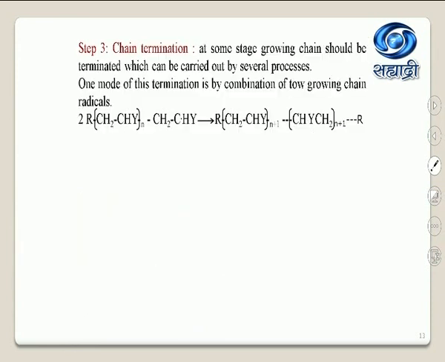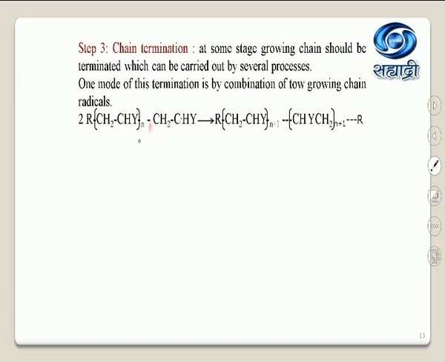The third step is the chain termination step. At some stage, the growing chain should be terminated, should be stopped, which can be carried out by several processes. One mode of this termination is by combination of two growing chain radicals.